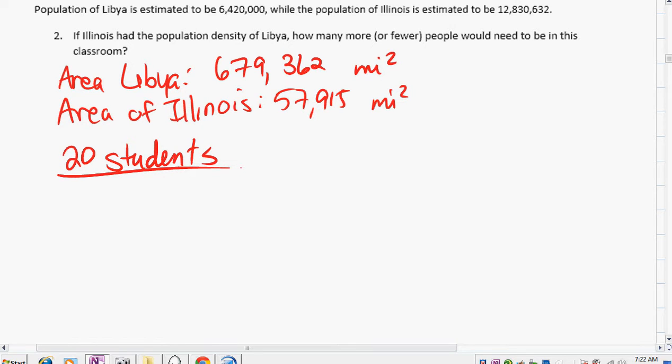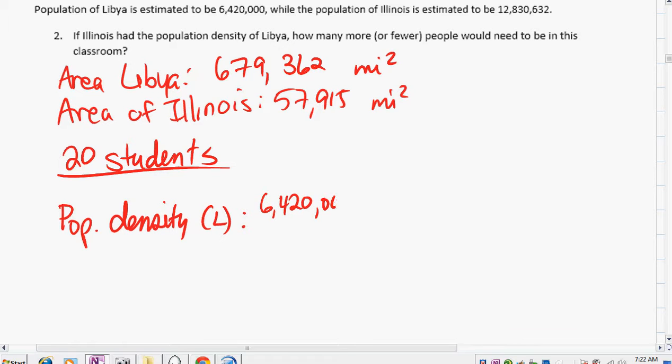So, if you think about this, population density is people per square mile. So the population density of Libya is 642,000 people per 679,362 square miles.